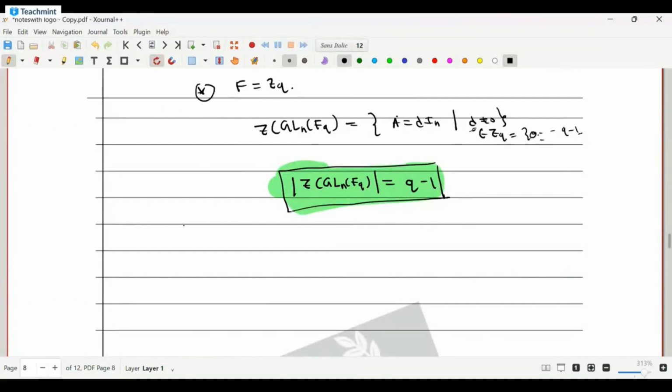So now find, let G be equal to GL of 2025 over the field F11.